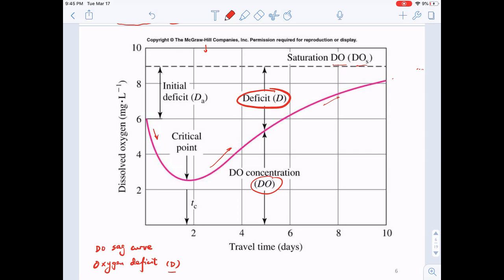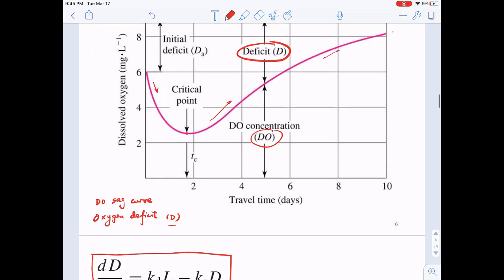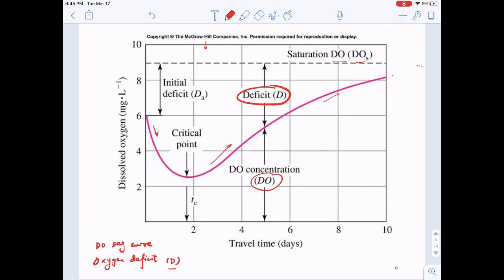At this point the deficit is 0, which means it's already at its maximum concentration. At the critical point where the dissolved oxygen concentration is lowest, the deficit is at its maximum, which means it's furthest from the saturated condition, okay?